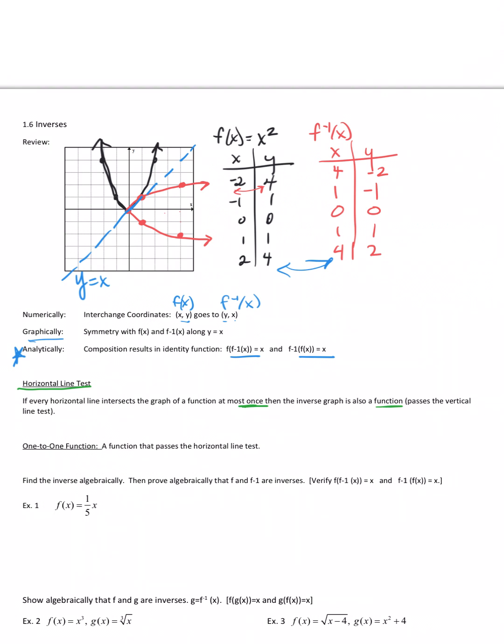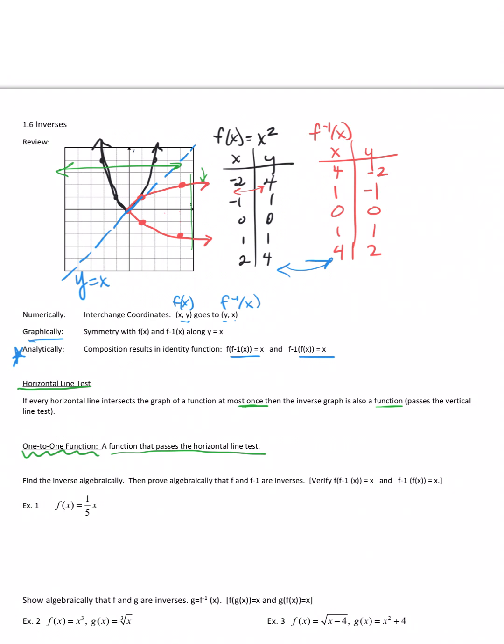So if you look at our parabola, if we drew a horizontal line, look, it does not have an inverse function, because look, its inverse we created here does not pass that vertical line test. So it no longer has an inverse function. It may have an inverse, but it's not a function. So we say a one-to-one function is a function that passes the horizontal line test, meaning its inverse is also going to be a function.